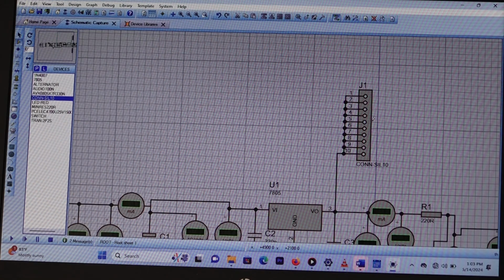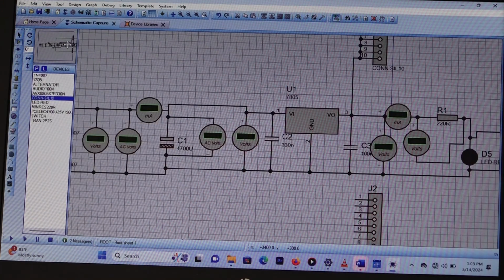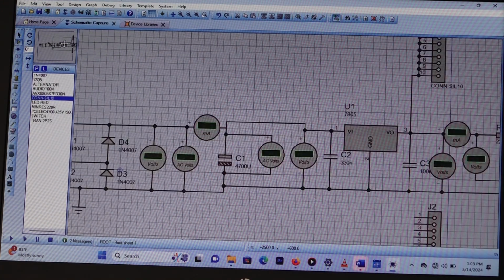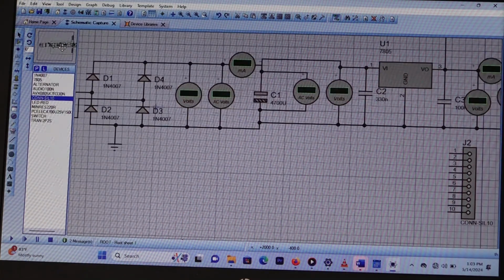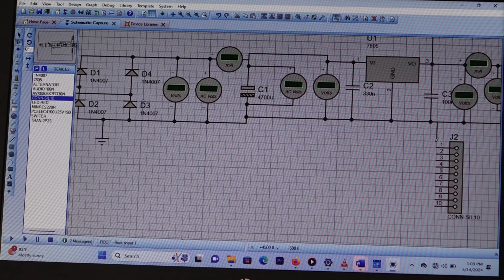But that is for the positive. Then we also need the common ground to power different parts of the electronic circuit. So you just take a jumper and connect it to this terminal. Then use the soldering wire to solder these pins.